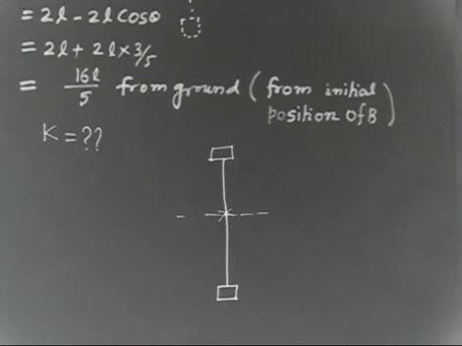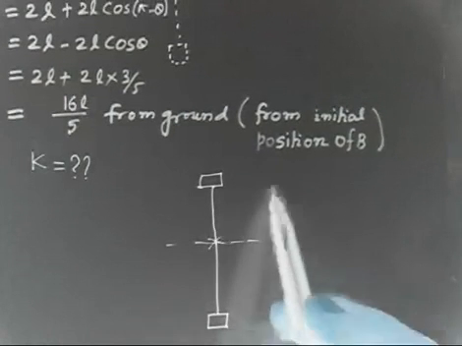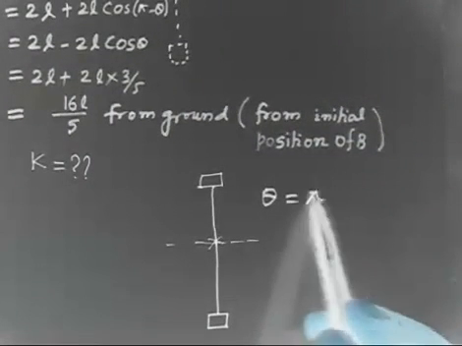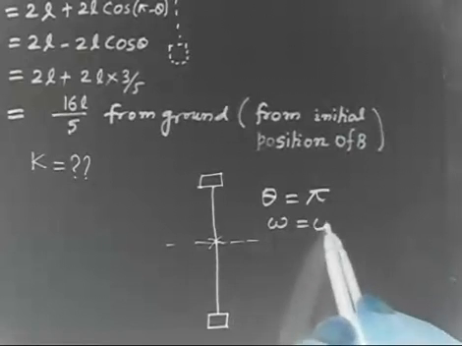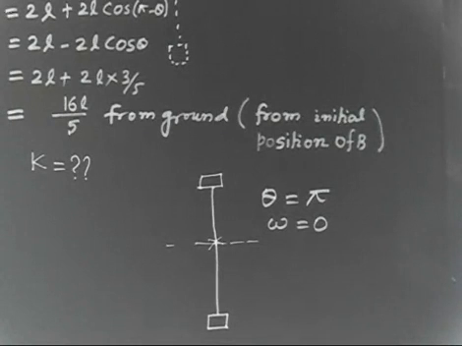Are you getting it? So what is the sufficient criterion? I have to have the velocity just here be 0. So when theta is equal to pi, my omega will just be 0. That is the enough criterion. We have the equation for omega, the first equation you have written in terms of energy conservation.